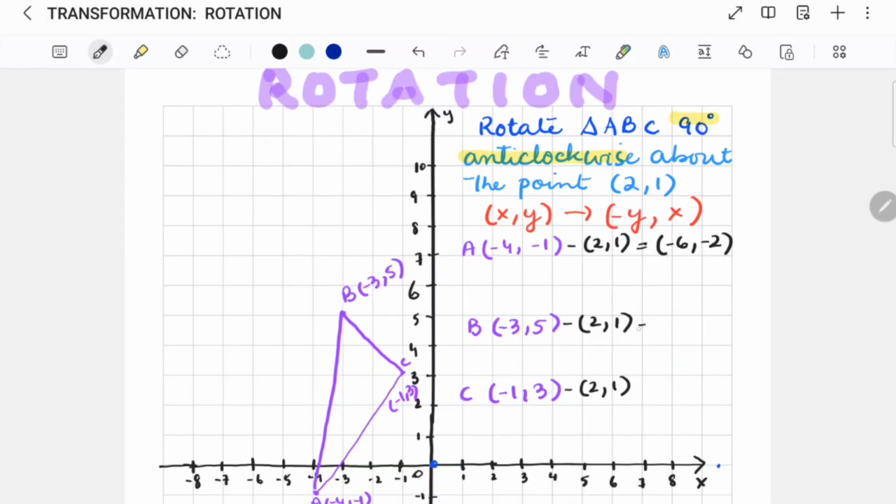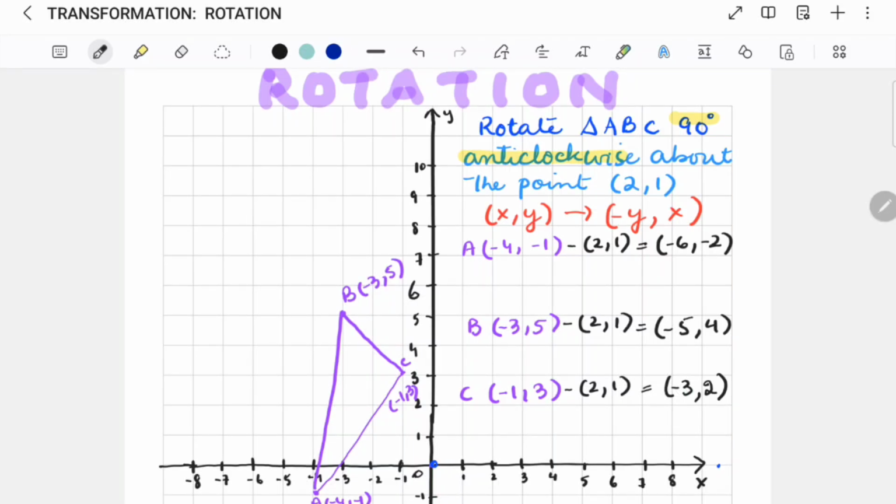Now minus 3 minus 2 will become minus 5, and 5 minus 1 will become 4. Next is minus 1, 3 subtracting minus 2, 1: minus 1 minus 2 is minus 3, and 3 minus 1 will become 2.